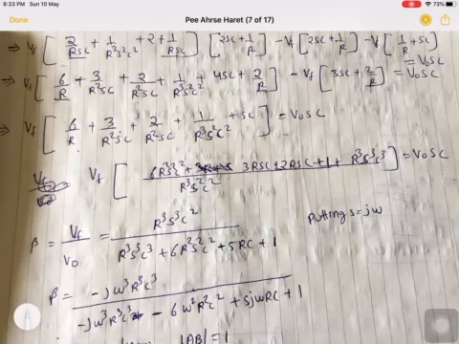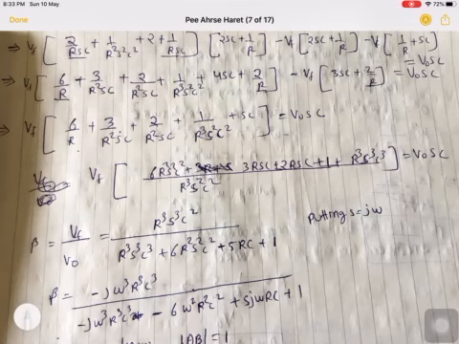Now I'm multiplying these two terms. See, this is a very important derivation, so you have to do it in your notebook, step by step. Now I'm multiplying these two brackets. So this is 2 by RSC, this is 1 by RSC.